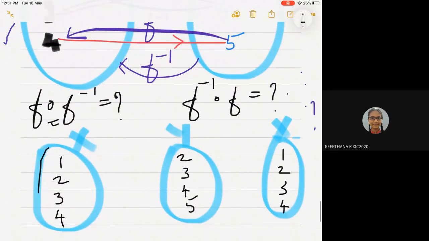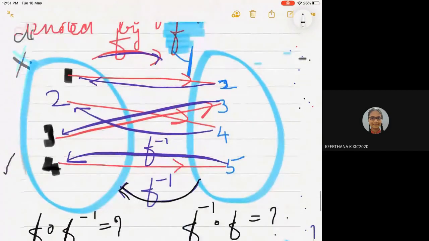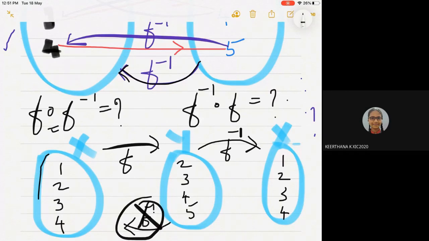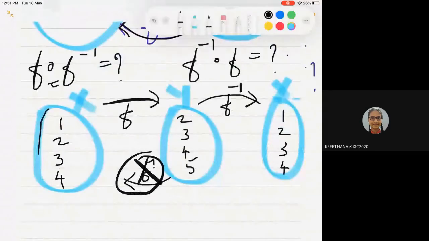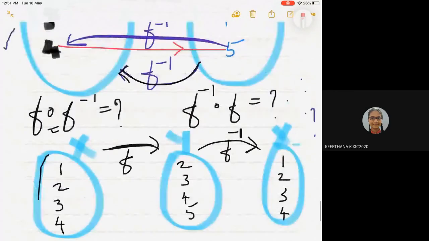f is defined from x to y, and you can see that I have defined f inverse from y to x. So I have given x a second illustration. Here it is f inverse. Instead of putting f inverse here, what I did is I discarded this one and put y to x on the right side of y. Okay. Now you can just find out the composition of functions.